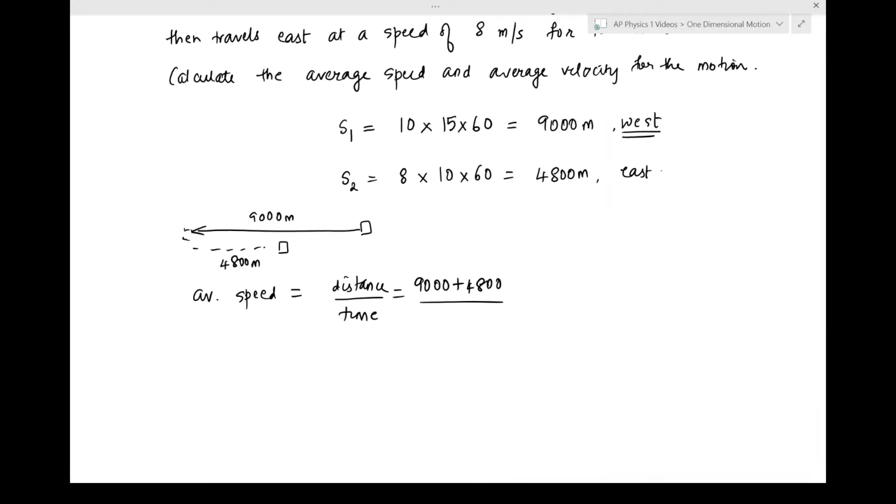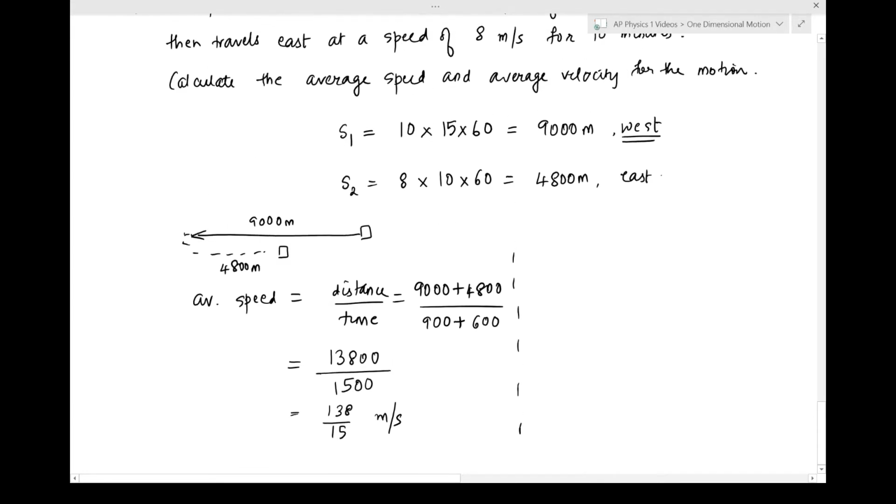The total time taken was, in the first part, 15 minutes, which converted to seconds gives you 900 seconds, and in the second part it was 10 minutes, which converted to seconds gives you 600 seconds. And therefore the average speed is going to be equal to 13,800 divided by 1500, and we can simplify this and rewrite this in meters per second.